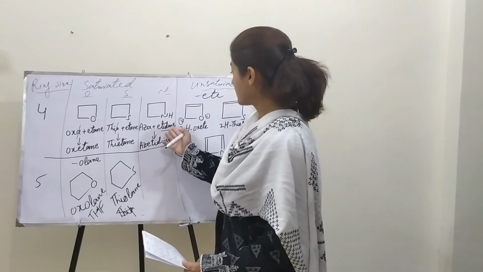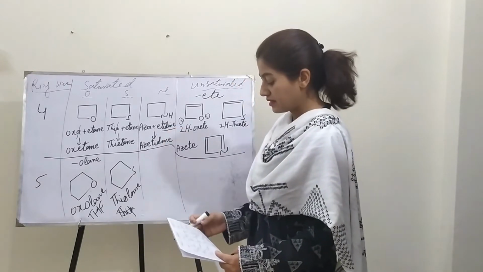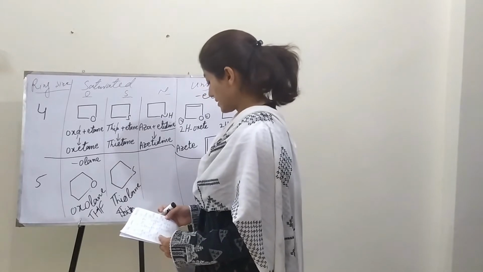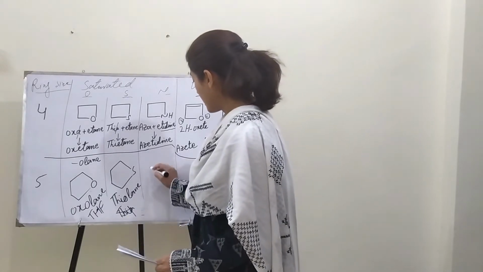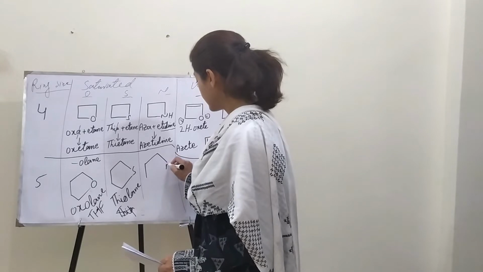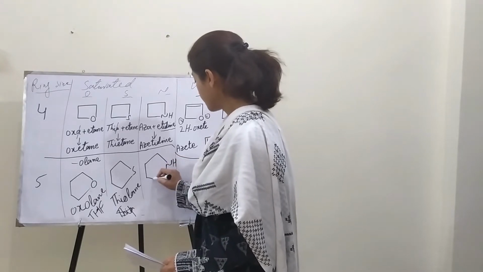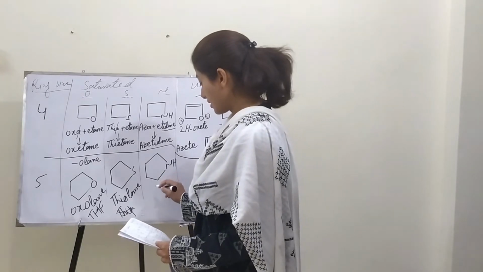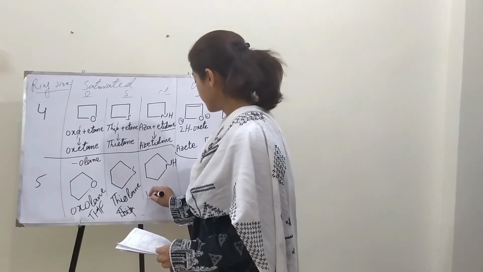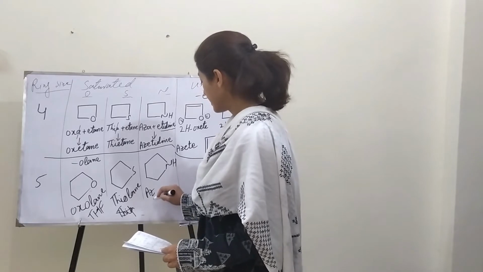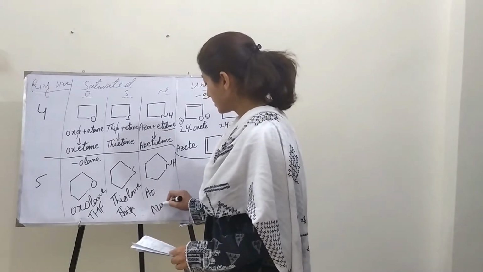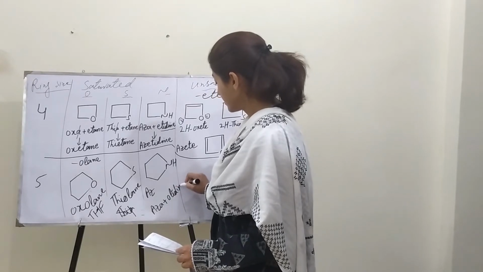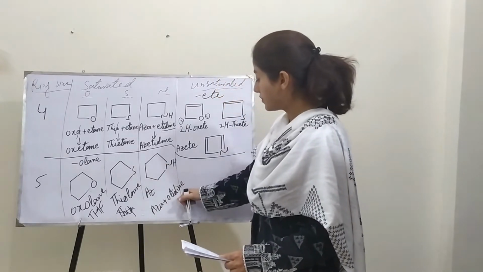As you know that in the case of nitrogen, it would be like this, here NH, and its name would be azolidine, as it is aza for nitrogen and olidine for 5-membered ring.